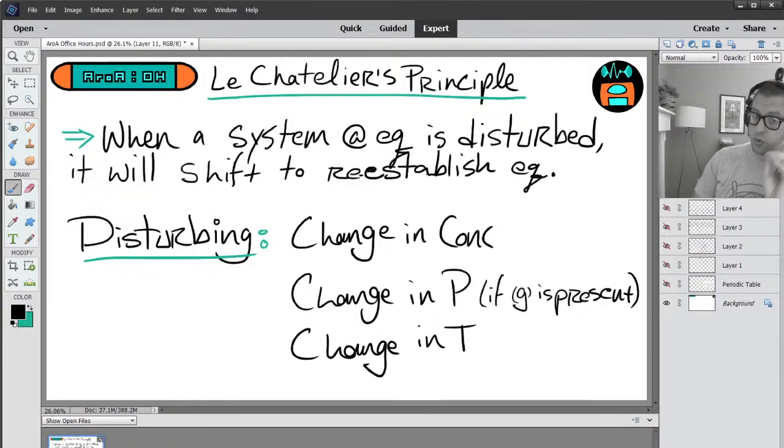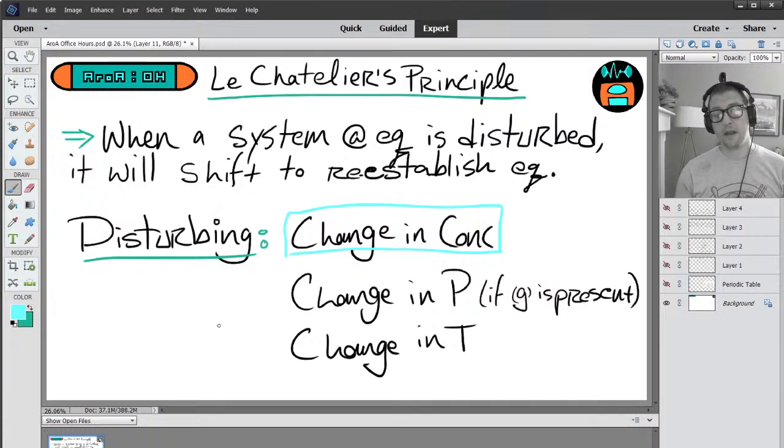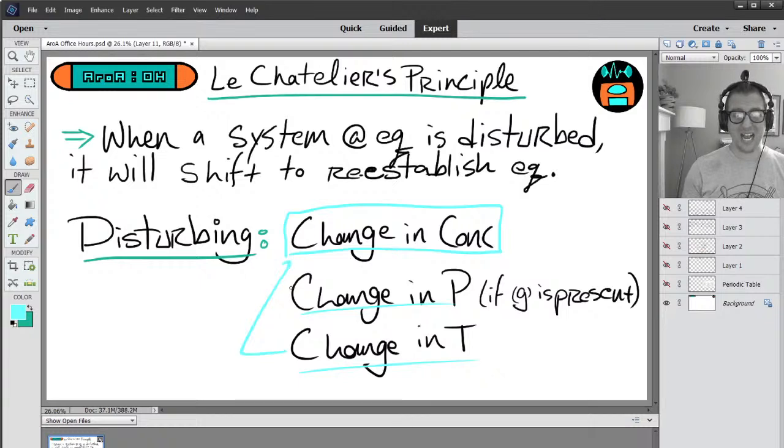The critical thing to focus on of these three, as far as understanding goes, is how changes in concentration disturb equilibrium. Because changes in pressure and changes in temperature are both kind of just changes in concentration anyway. So if conceptually you can really zero in and focus on understanding changes in concentration, understanding changes in pressure and temperature will come naturally, right?